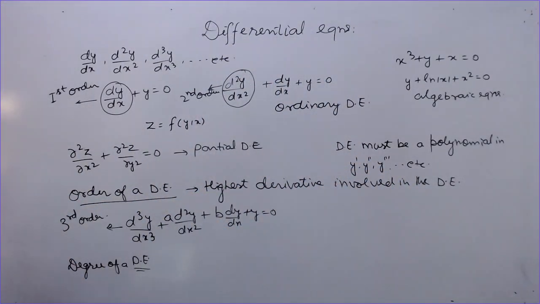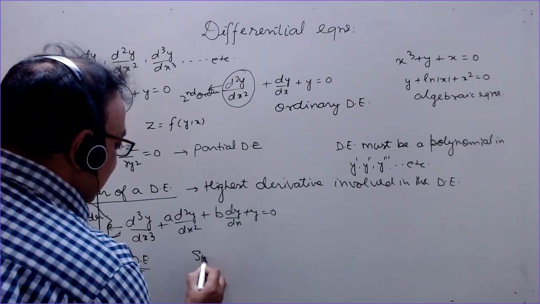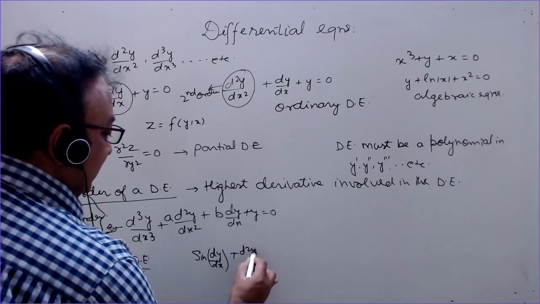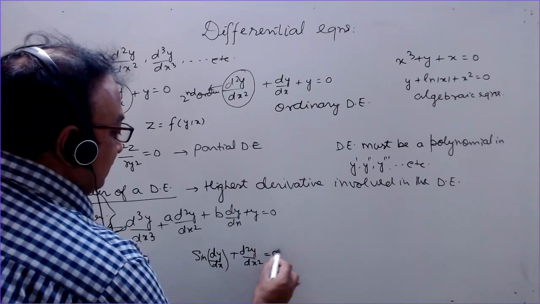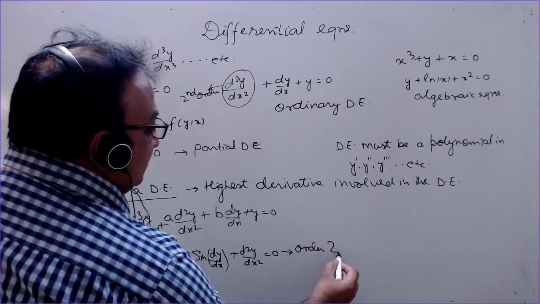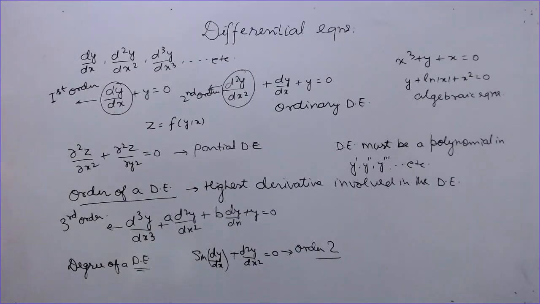So if I write an example, sine of dy by dx plus d2y by dx square equal to 0, then here the order of the equation is 2, because we have only second derivative involved along with first, so highest derivative is second. So order of the equation is 2, but because it does not form a polynomial, its degree is not defined.